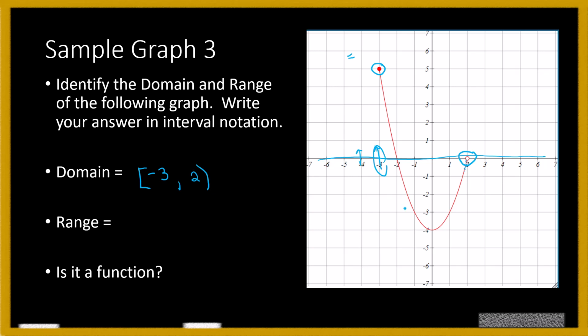Now let's look at the range. The range follows the y-axis. So as I'm looking left to right from the y-axis, I go down here and I see my graph crosses the y-axis at -4, but there's no part of the graph down here. So it looks like -4 is the bottom, but it continues to go up.